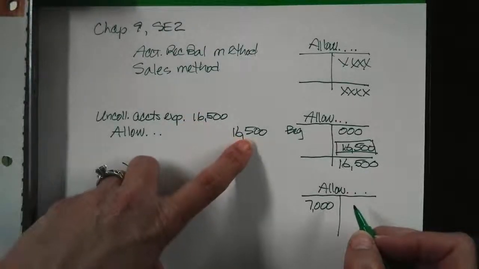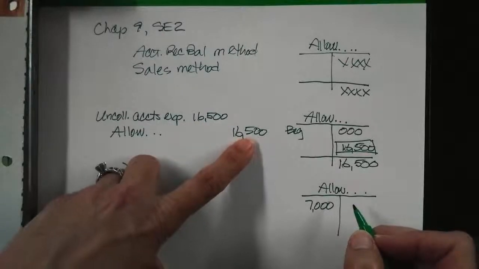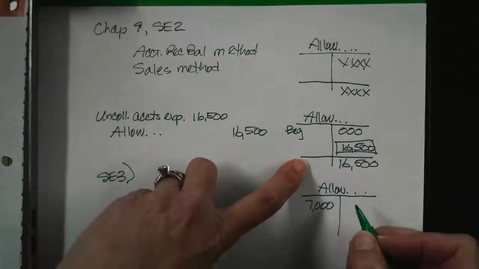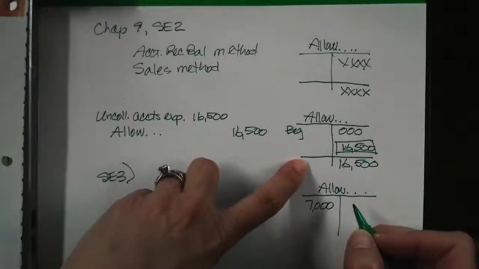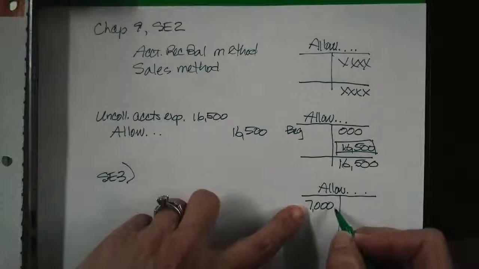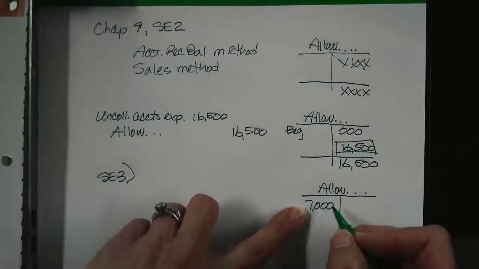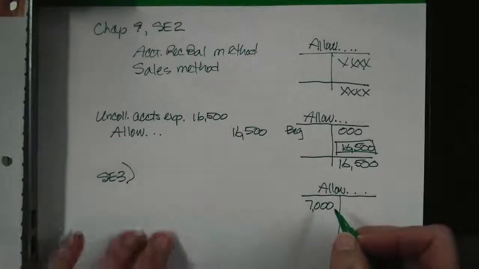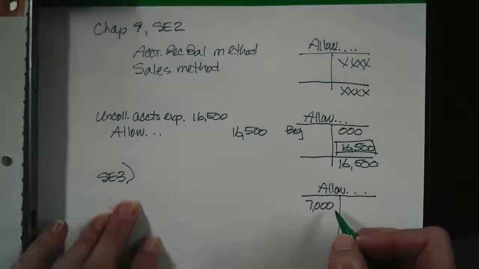So when we find out that we're going to have to get rid of an account, we debit the allowance account and credit accounts receivable to remove that customer from the accounting records. So your allowance account can get a debit balance because you ended up having to write off more accounts than you thought you would have to, okay?